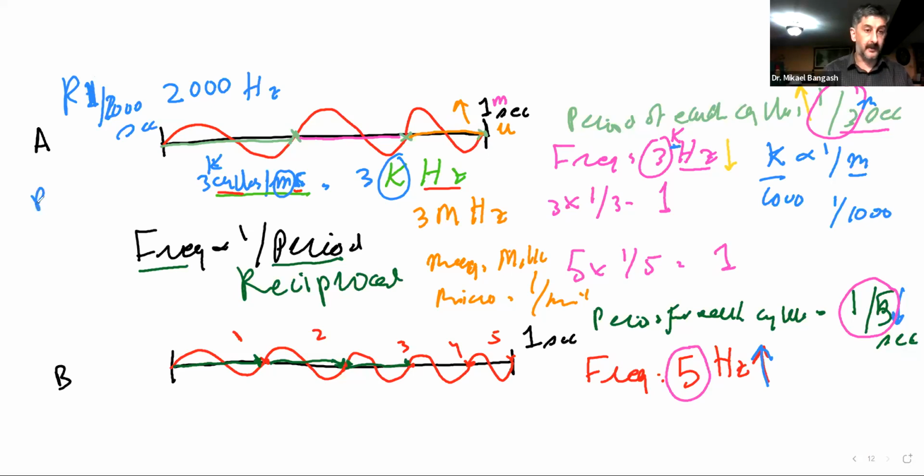Because your period multiplied by the frequency is always going to be 1. Or we can say the values: 1 over 2000, multiplied by 2000, becomes 2000 multiplied by 1 divided by 2000. You can say 2000 divided by 2000 is 1, or this cuts out this and you end up with 1.